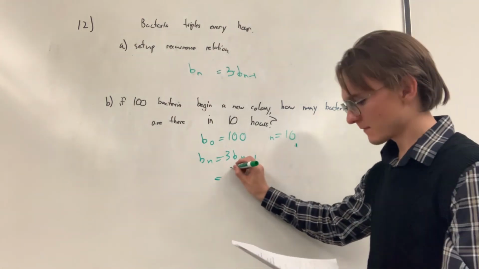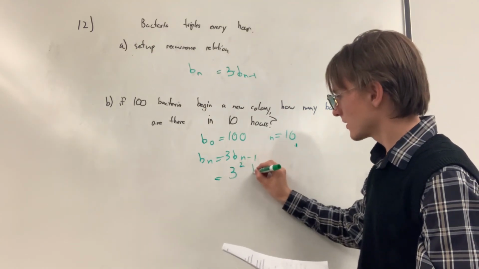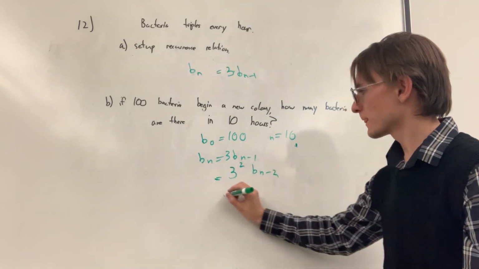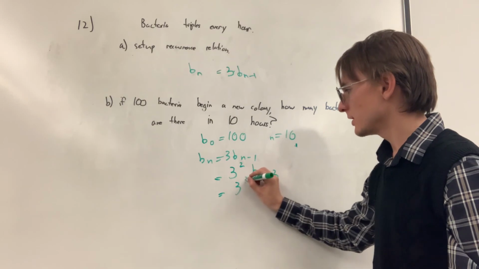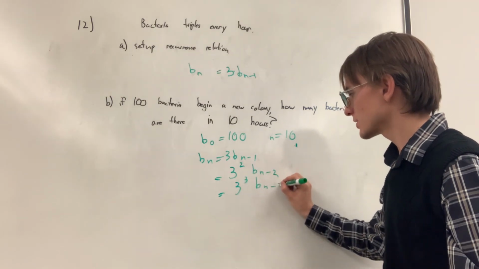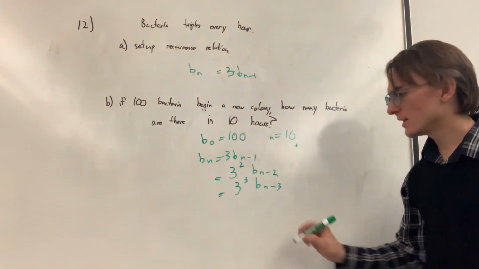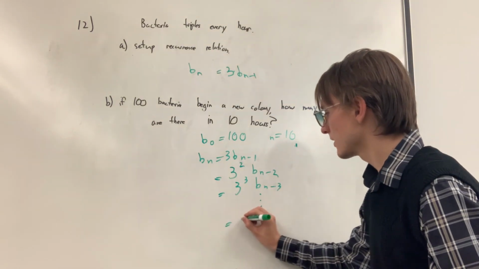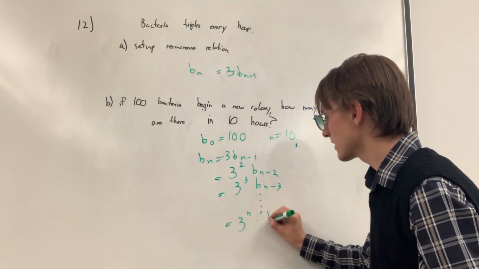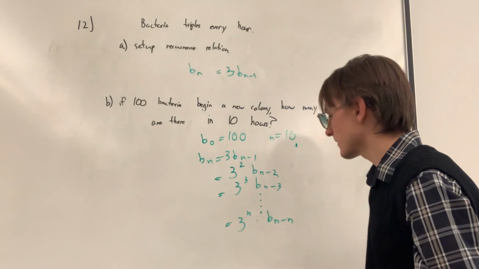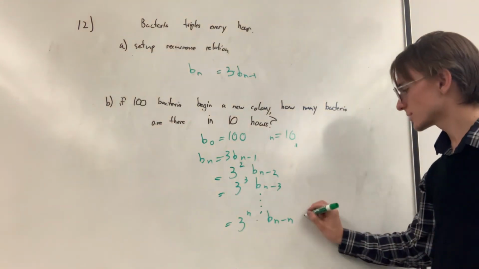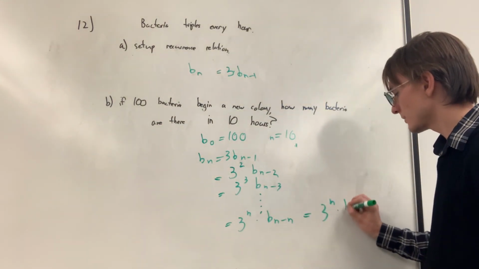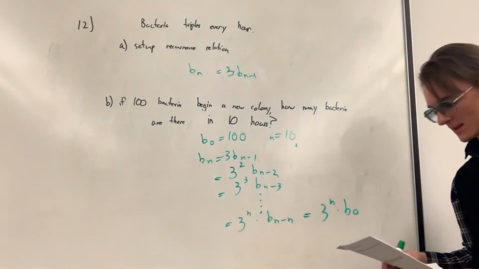We get 3 squared B of n minus 2. The next step will give us 3 to the power of 3, B of n minus 3. We do this up to n number of iterations. We get 3 to the power of n times B of n minus n. Now we know this is 0, so we get 3 to the power of n times B of 0.